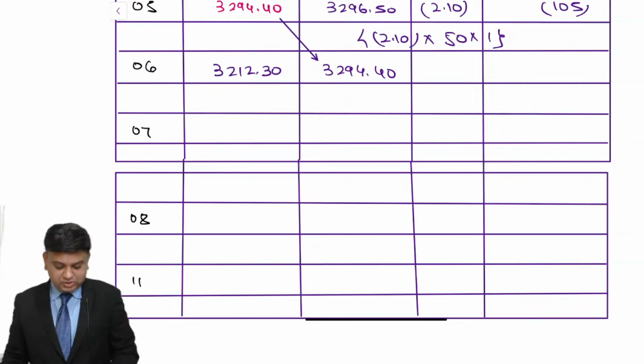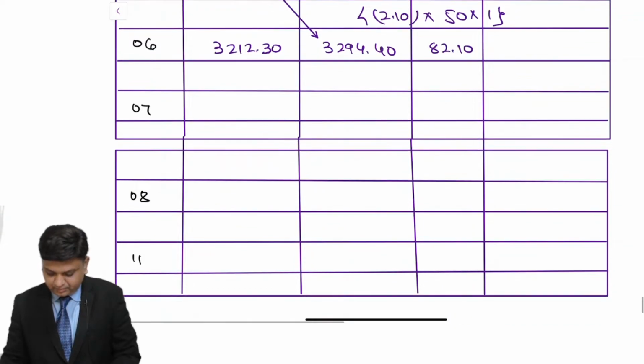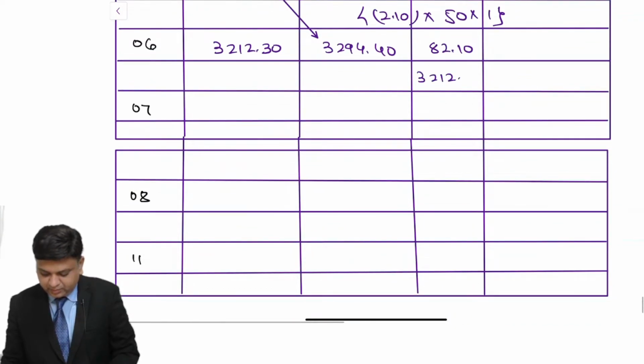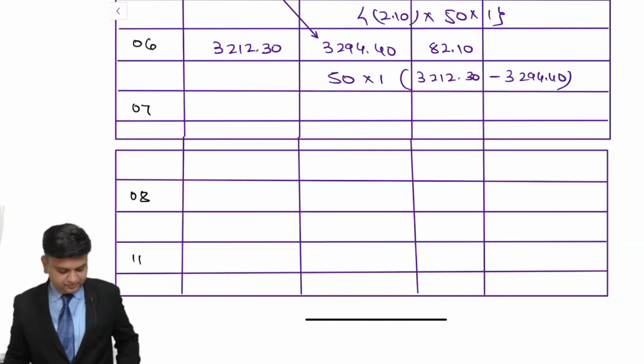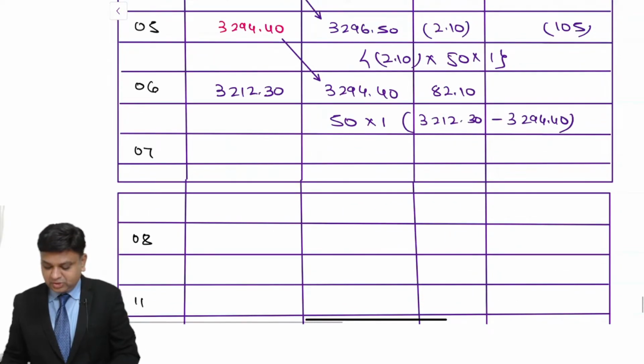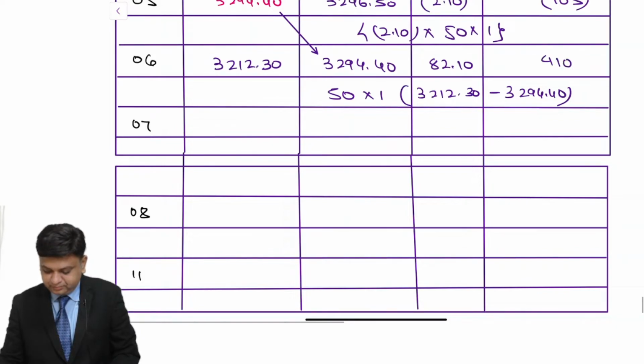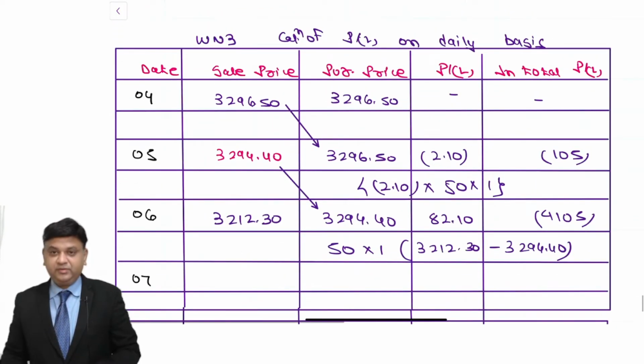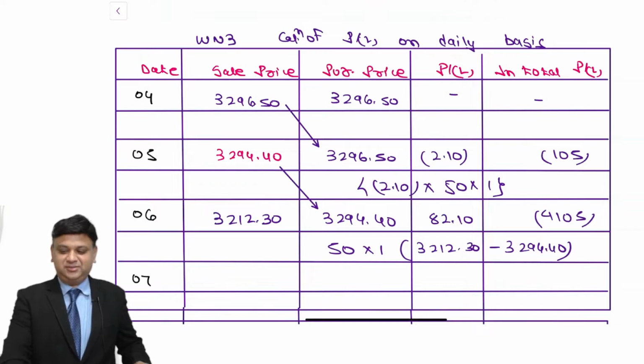So that is a loss of 82 rupees 10 paise. Multiplying with 50 into 1, in total there is a loss of 4105, and so on we are required to make further calculation.